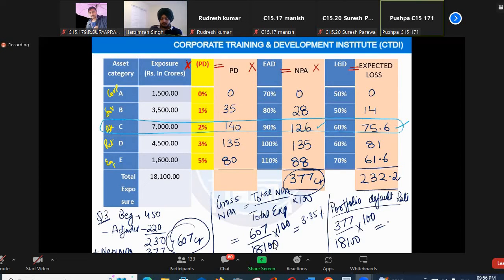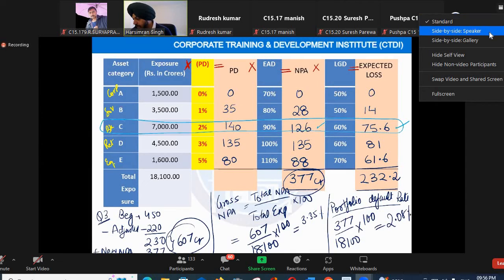That is 2.08%. This question has come in the paper many times now. Did you understand?